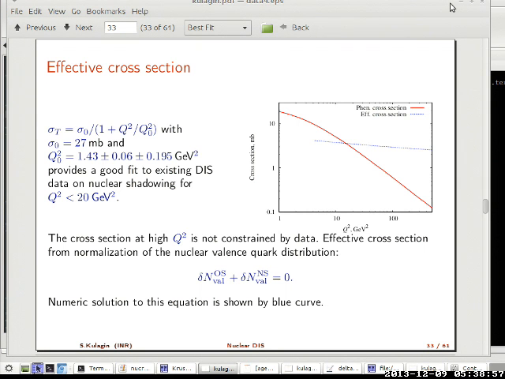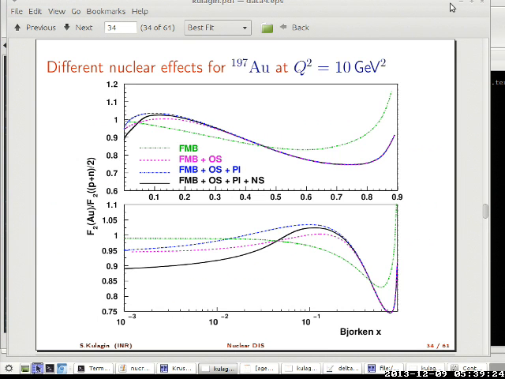The requirement of cancellation of various corrections to the normalization of the valence quark distribution can be treated as an equation on the cross section. So one can extract this cross section, and this is shown by blue in this plot.